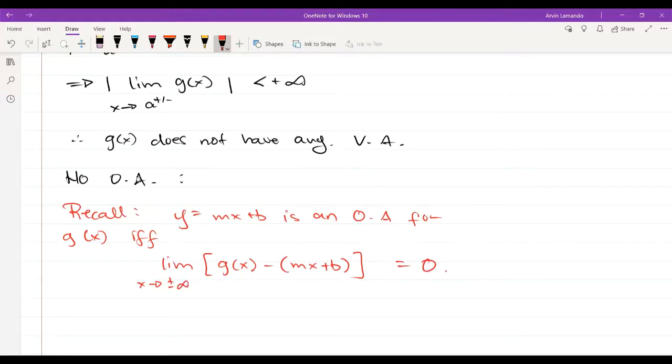If any of these limits exist, then y equals mx plus b is an oblique asymptote for g.